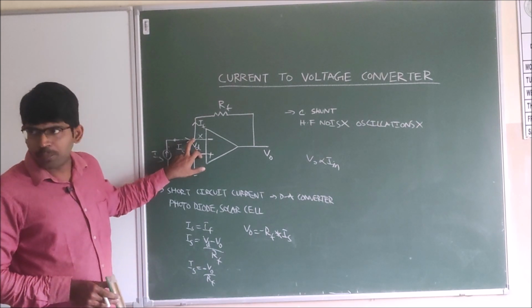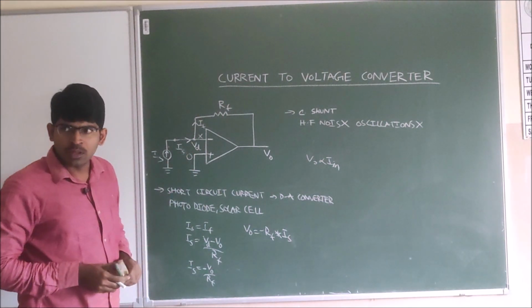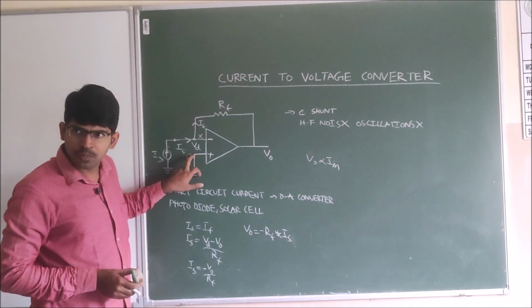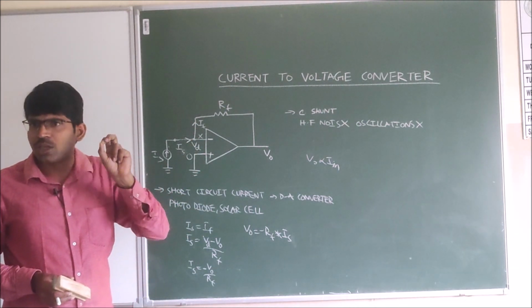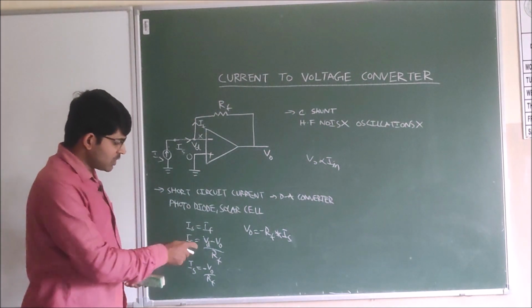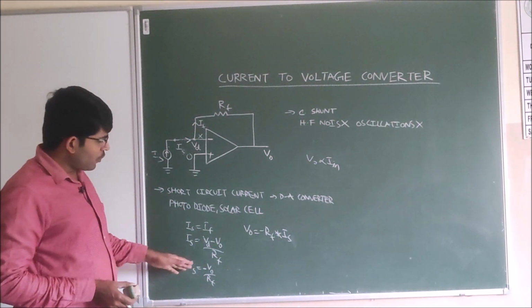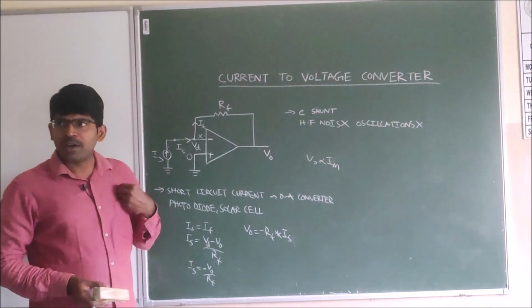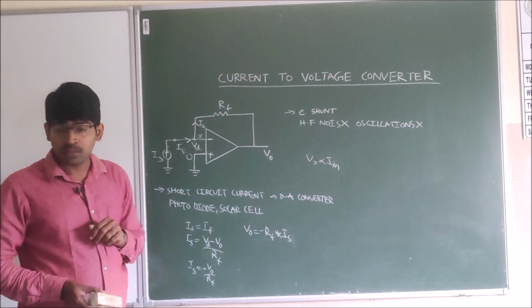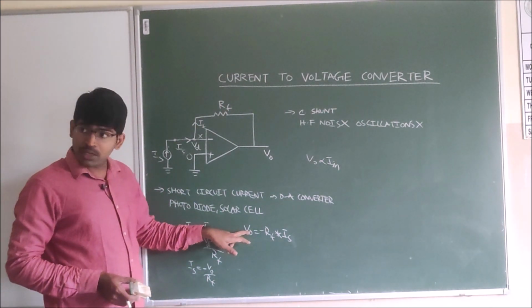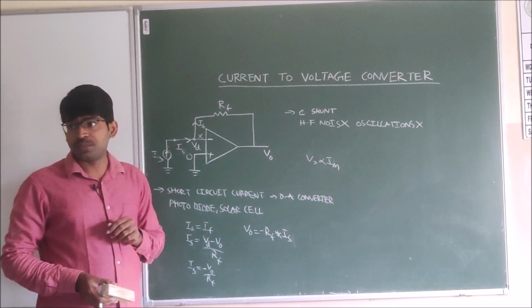Here the non-inverting terminal is grounded, so the voltage is 0. That's why Vd, the node voltage at D, is also 0. Now this equation changes to (0 minus V0) by RF. Finally, because we require the output as a voltage, V0 is equal to minus RF into IS.